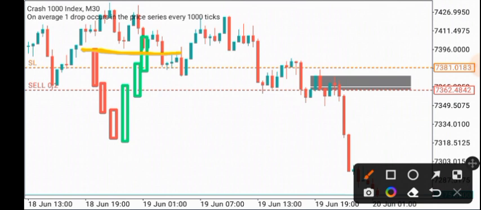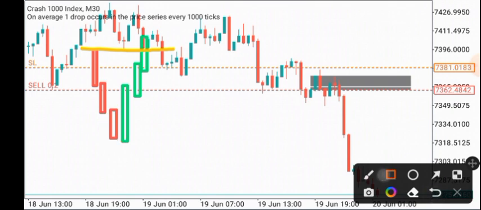If you don't know what a break of structure is, go and watch my video where I talked about market structure. All right, so this is the break of structure, and the last opposite candle before the structure got broken is this, and that is our order block.